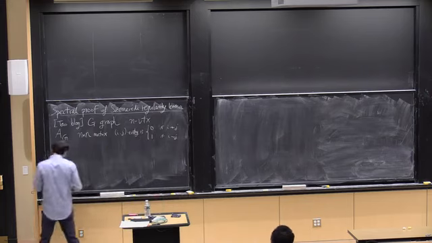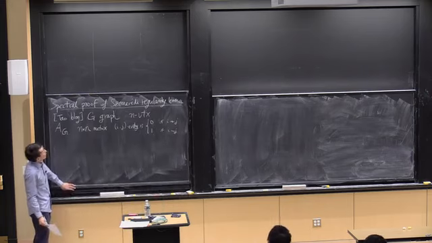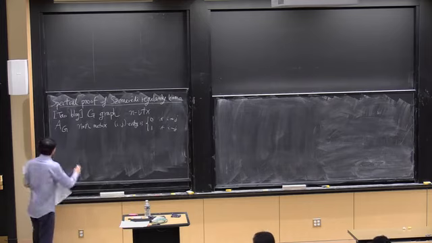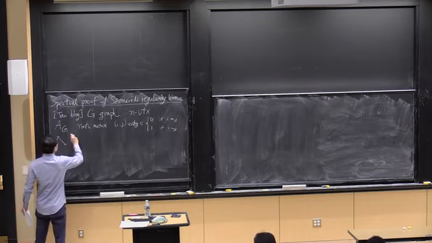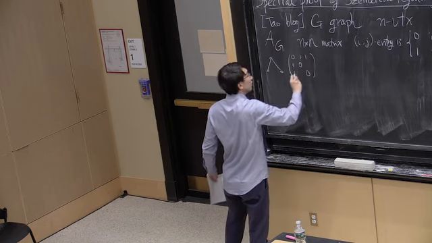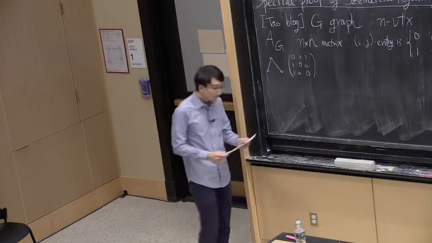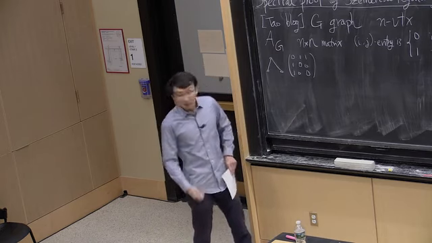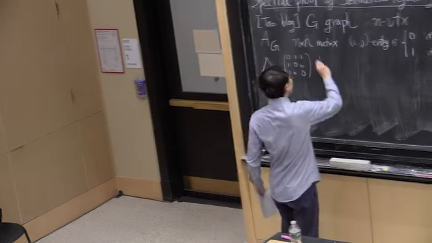Okay, so this is a pretty standard thing to look at, to associate a graph to this matrix. So this graph here would be like that, and so on. It's a real symmetric matrix.